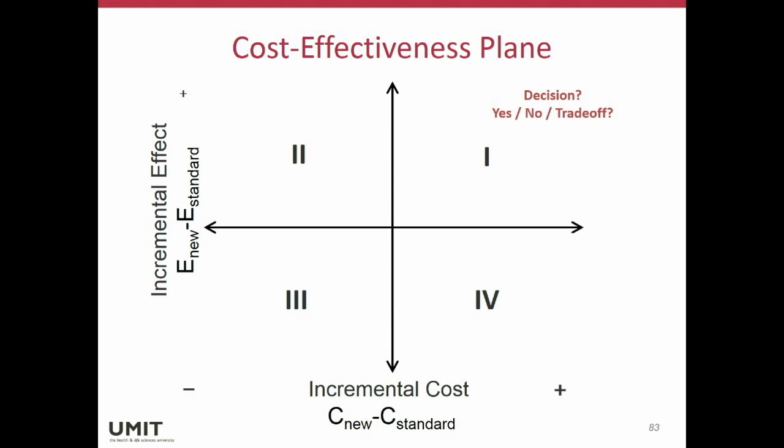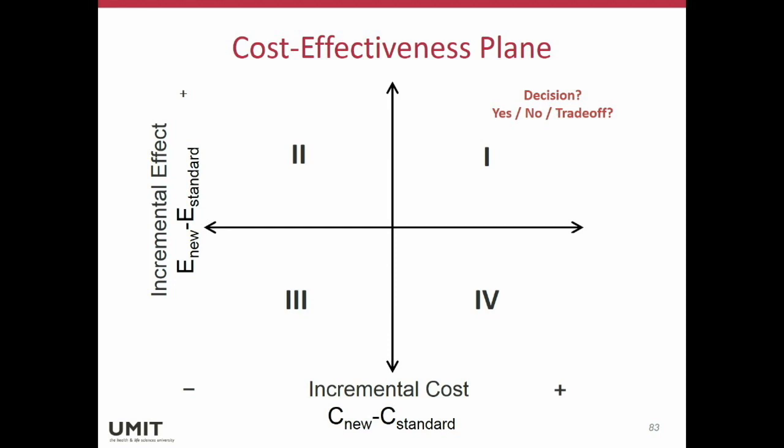And when we think of two alternatives, let's say a standard treatment and a new treatment, and comparing the costs as well as the effects, you could have a look at such a figure where we write the incremental costs of the new minus the standard treatment on the x-axis and the incremental effects, so the effect of the new minus the standard treatment, on the y-axis.